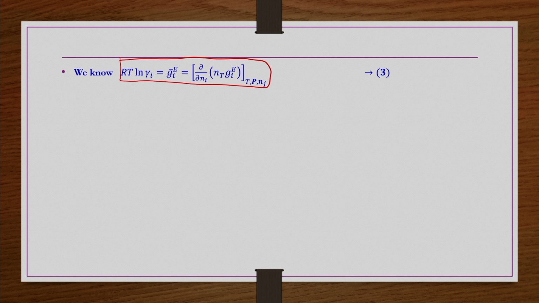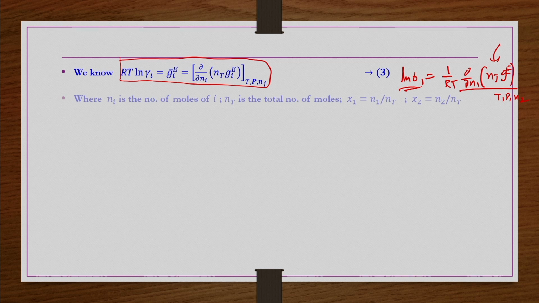So, if you want ln gamma 1, you have to do ln gamma 1 equals 1 by RT dou by dou N1 of Nt GE at constant temperature, pressure, and N2, because it is a binary mixture. Whatever GE is given, you multiply by Nt, differentiate with respect to N1, and then divide by RT. Then you will get ln gamma 1.